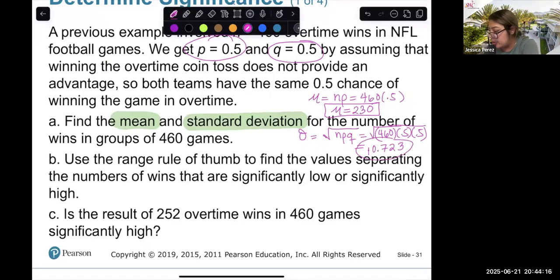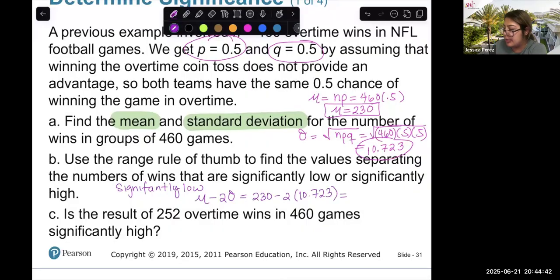So then I want to know, using the range rule of thumb, the values separating the numbers that are significantly low and significantly high. Well, if I want to find significantly low, I need to do the mean minus 2 times the standard deviation. So that's 230 minus 2 times 10.723.